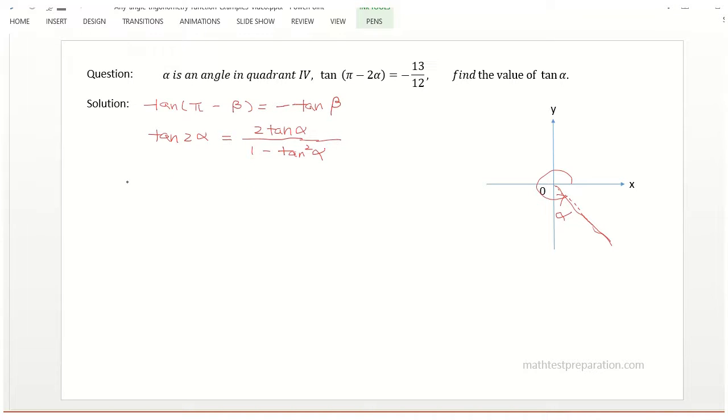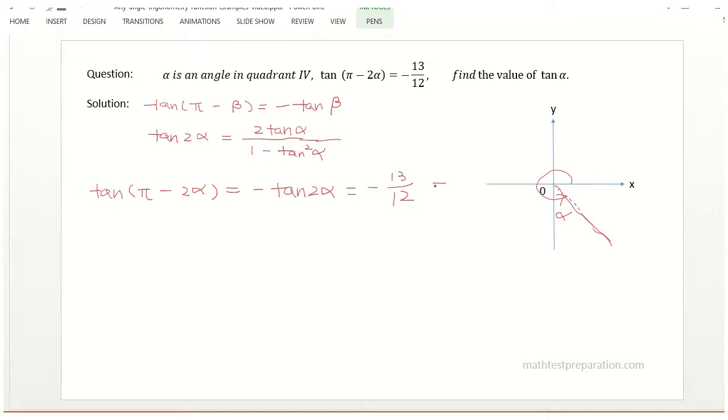So tangent of (pi subtract double alpha) equals negative tangent double alpha, which equals negative 13 divided by 12.